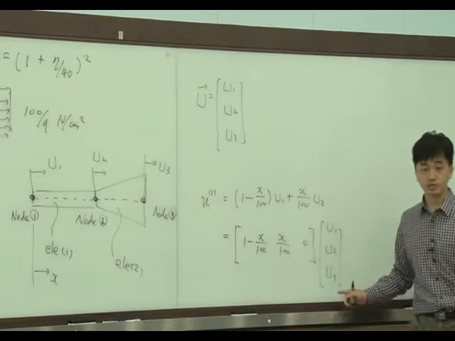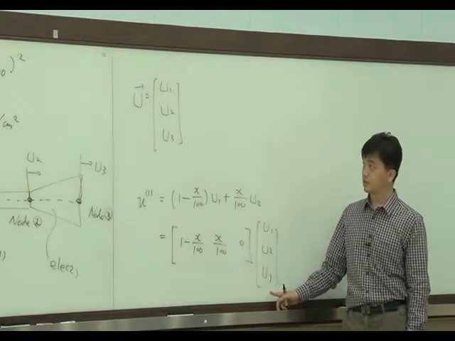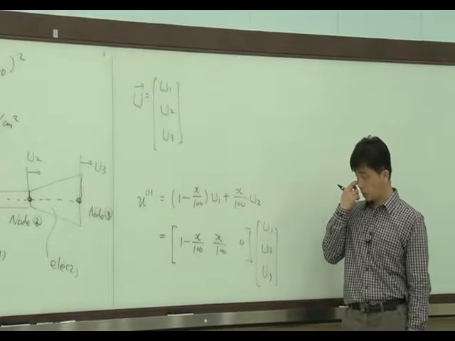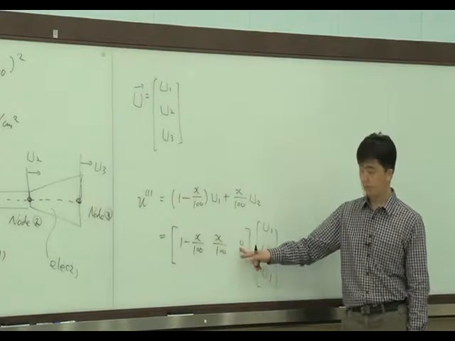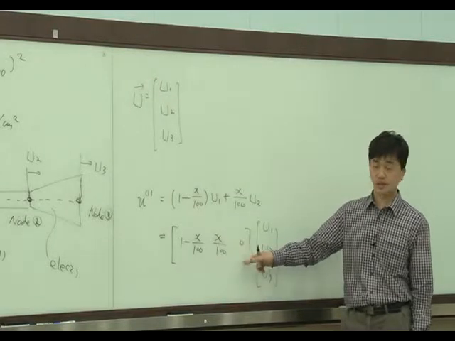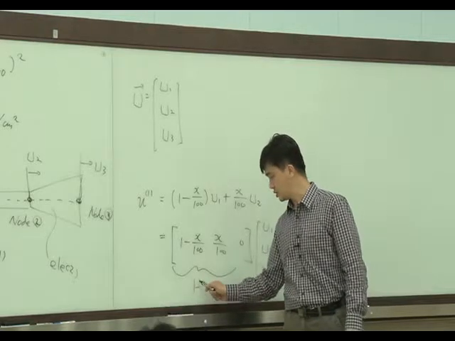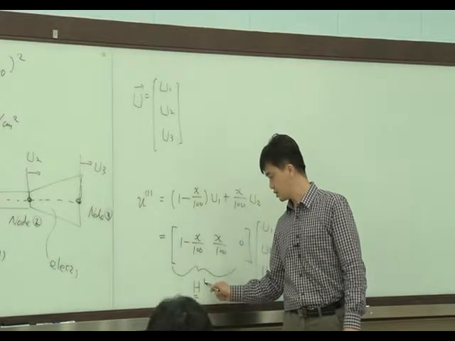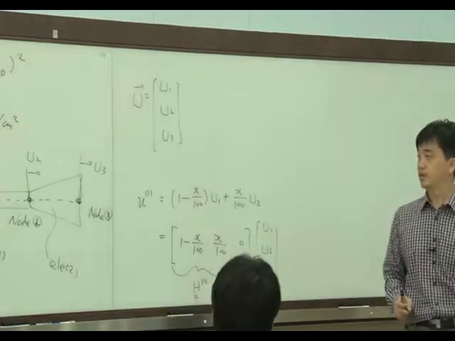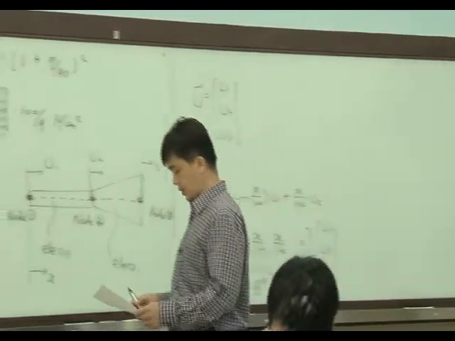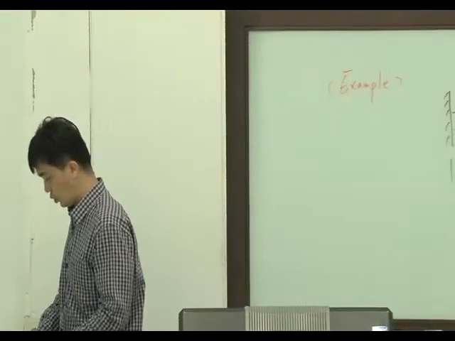Even though we have U3 in the global nodal displacement vector, here we have a 0 component, right? So this becomes H1. H1 is the displacement interpolation function for element 1.